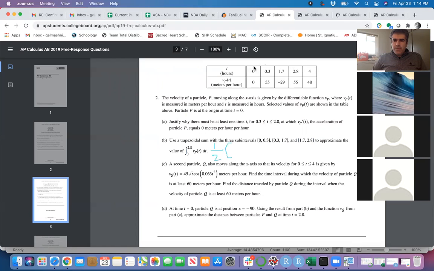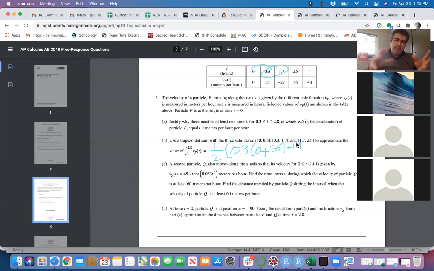You take the width of the first interval, which is 0.3, and multiply by the sum of the y values there: 0 plus 55. Then you do it for the next interval from 0.3 to 1.7. That width is 1.4. Remember, these are trapezoids, right?